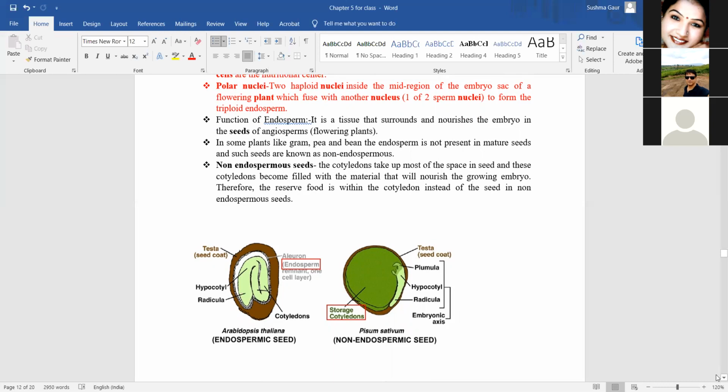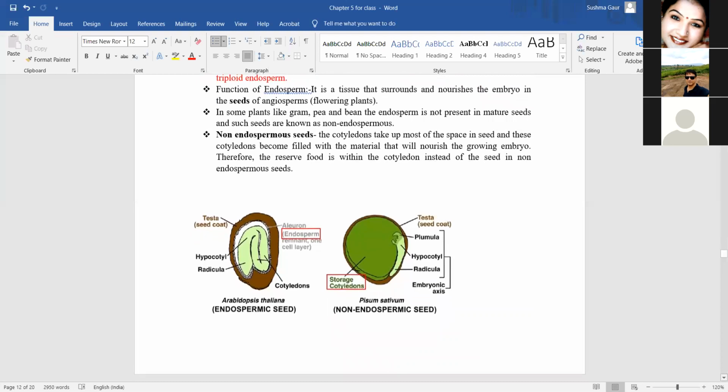Okay, so a question can be asked: in endospermous seeds, the main function of endosperm is to provide nourishment to the seeds, but in case of non-endospermous seeds, from where will they get their nourishment? You should answer: the cotyledons take most of the space in the seed, and they are responsible for providing nourishment to the growing embryo.